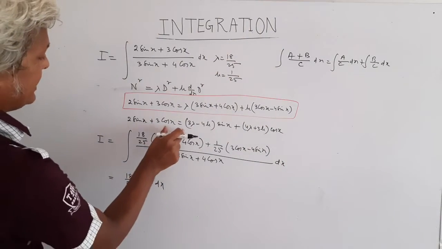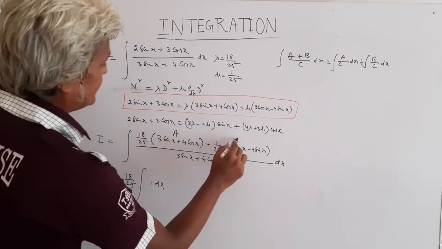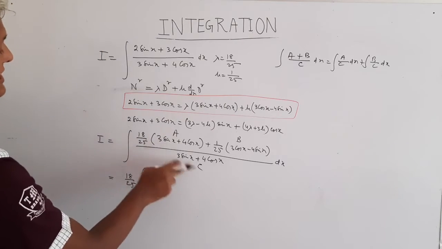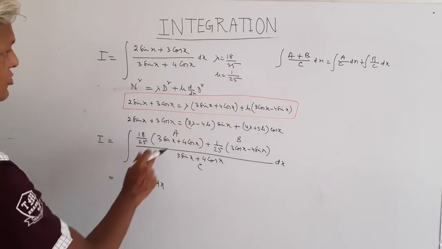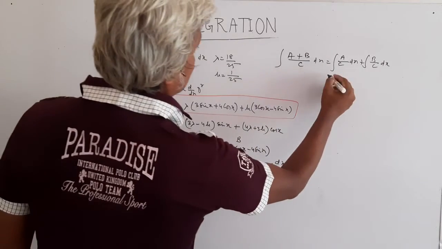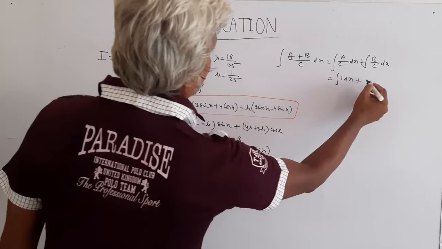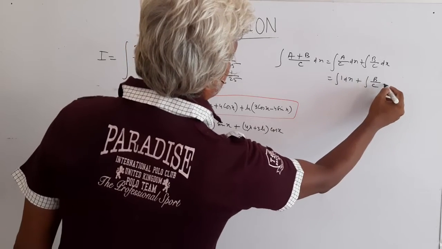So that's why this is my a part, this is a, this is b, and this is c. So when you write a by c, you see the a and c are same thing, so they cancel each other, so a by c becomes 1. So this becomes integration 1 dx, and this will remain integration b over c dx.